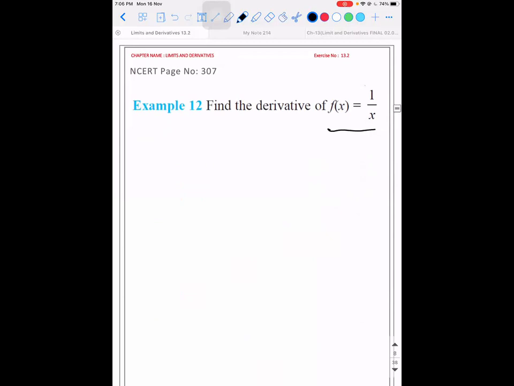So I want you guys to do it and tell me what f of x is equal to 1 by x gives. It is of the form f of x by g of x. I got 1 by x square.